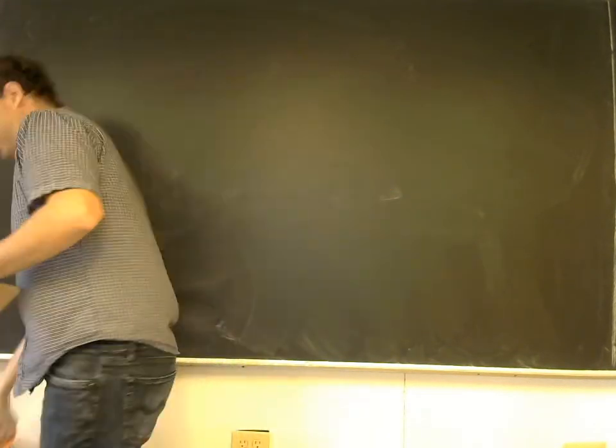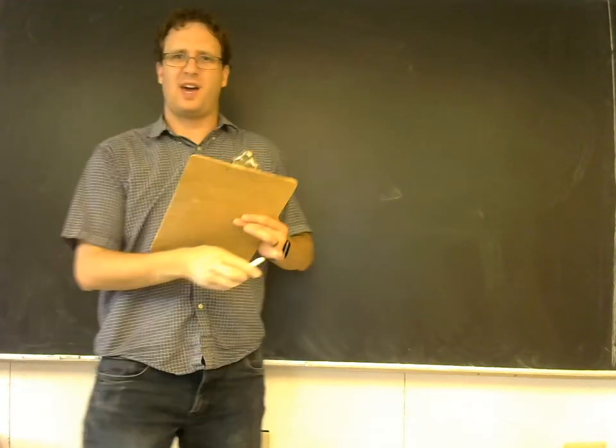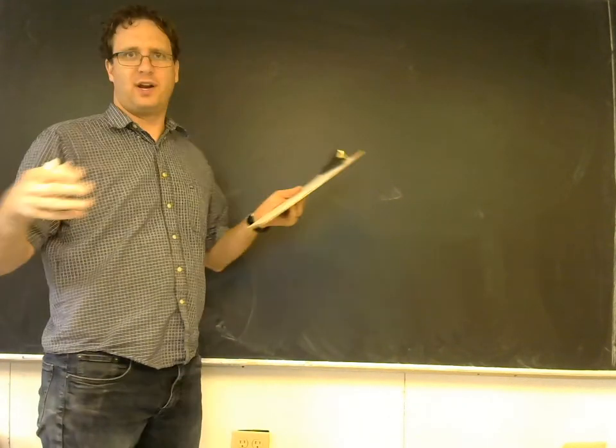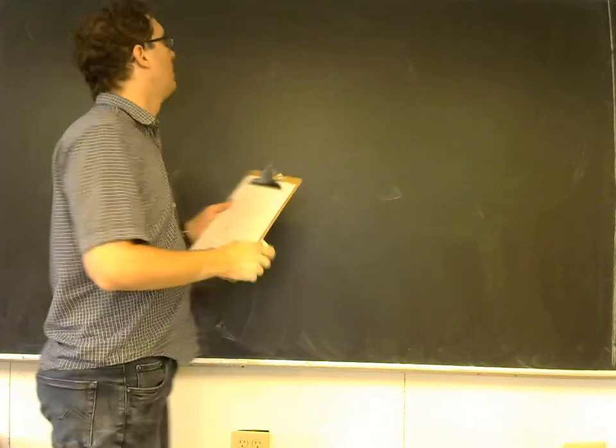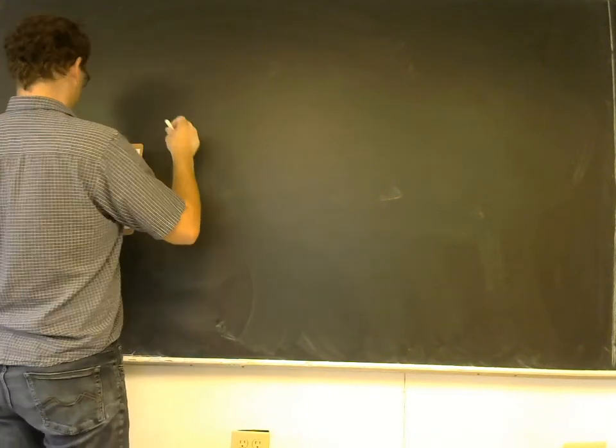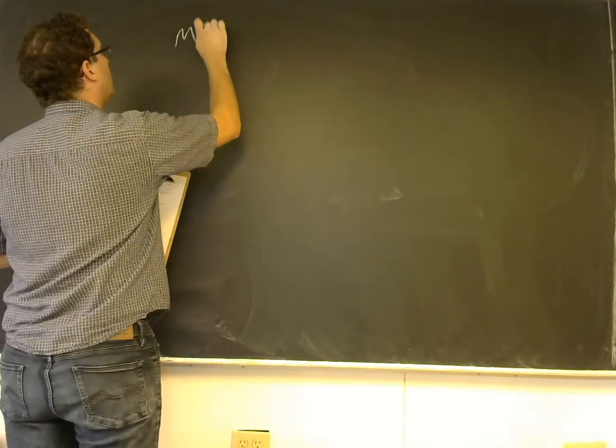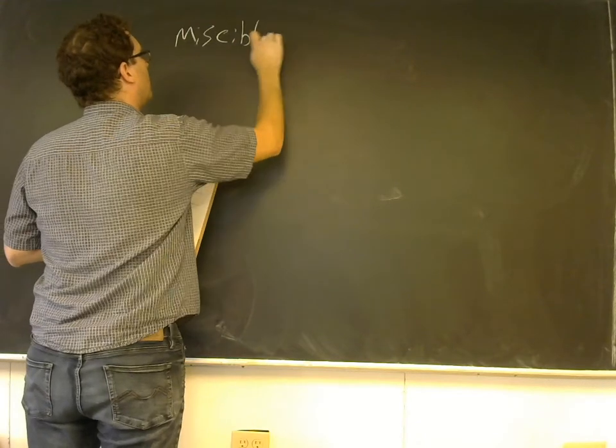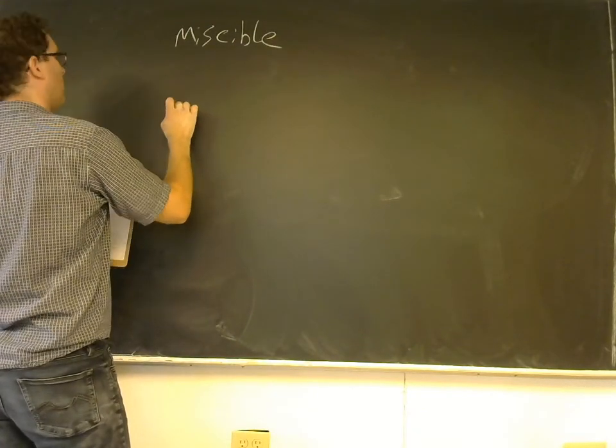Okay, we've got two more words that we need to learn. There's kind of a lot of vocabulary. Saturated, unsaturated, supersaturated. Here we have two more words: miscible and immiscible.